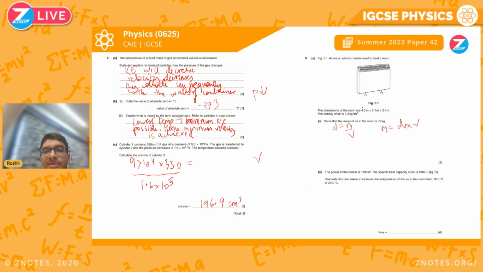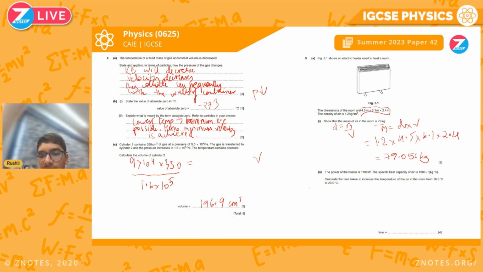Volume is equal to all these three dimensions multiplied with each other, which is going to be 1.2 kg per meter cube into 4.5 into 6.1 into 2.4, which is 79.056 kg or 79 kg.